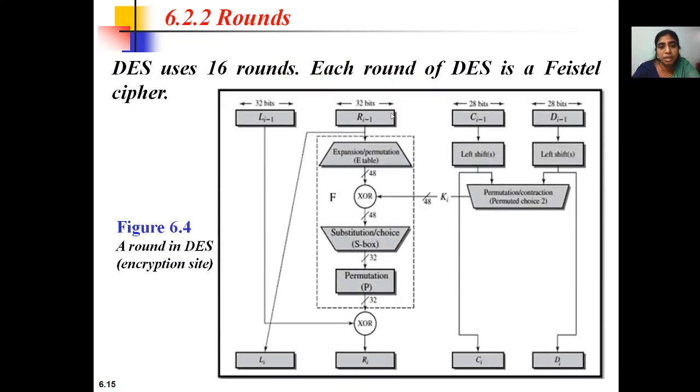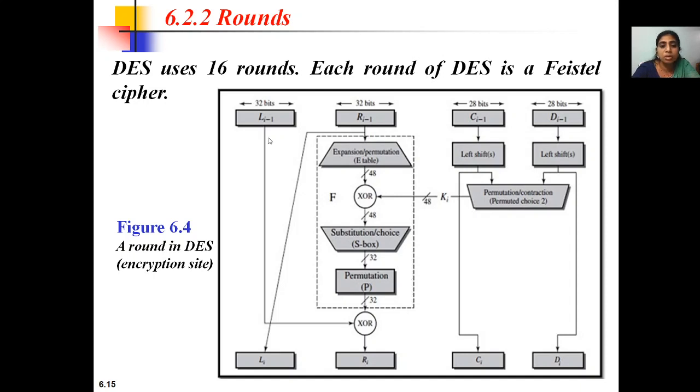So you can see here we divide the left bits as well as the right bits. The left bits are XORed, and the right bits are given to the round function.